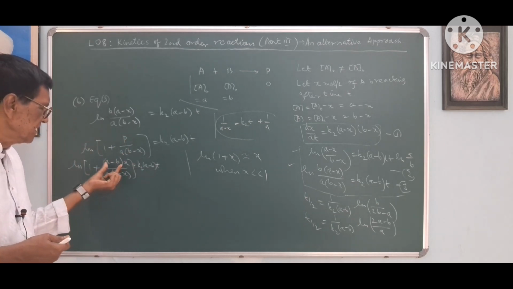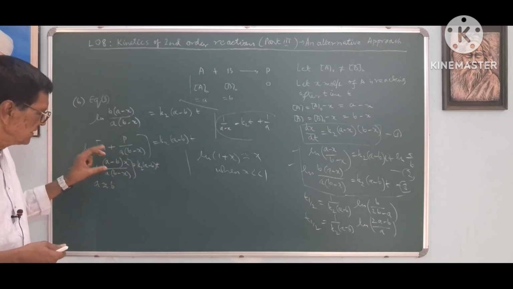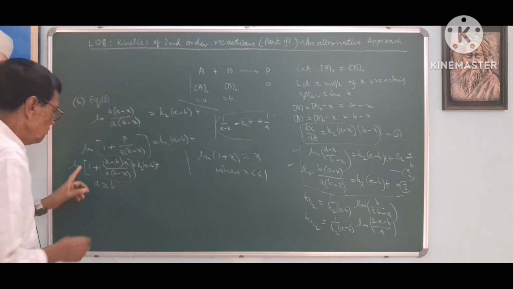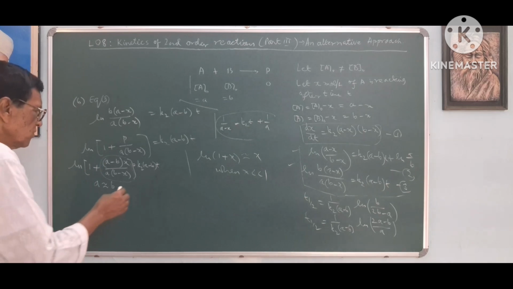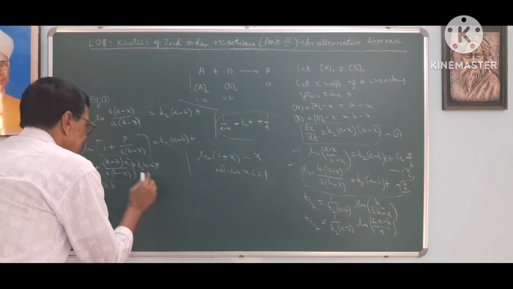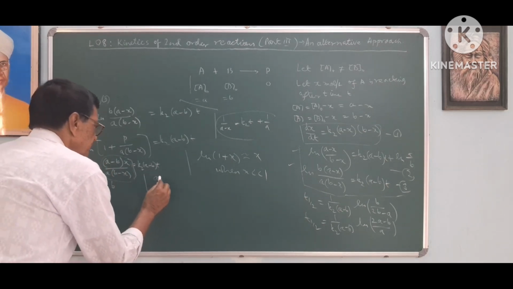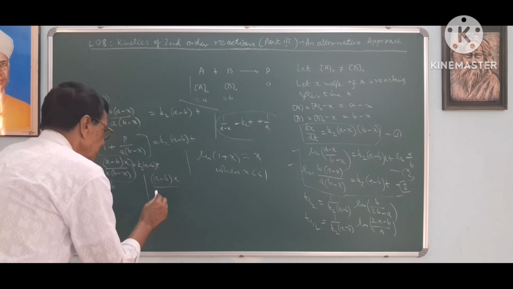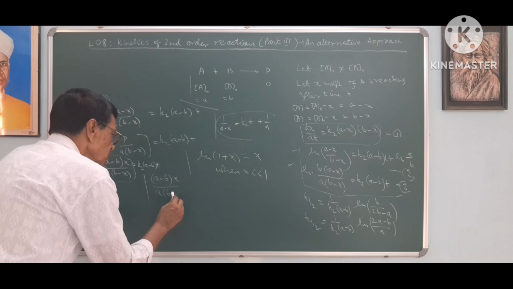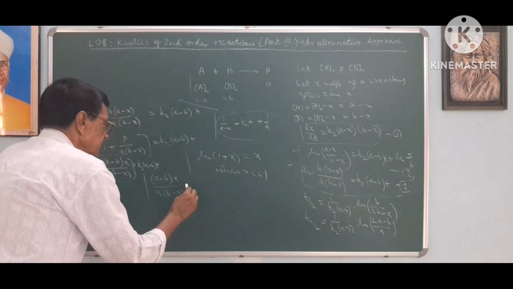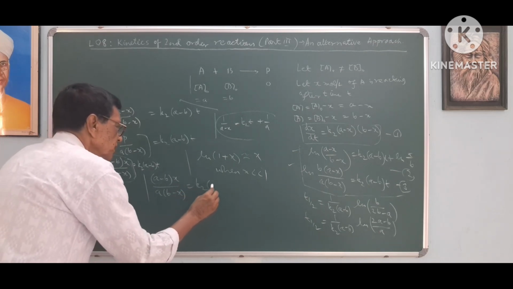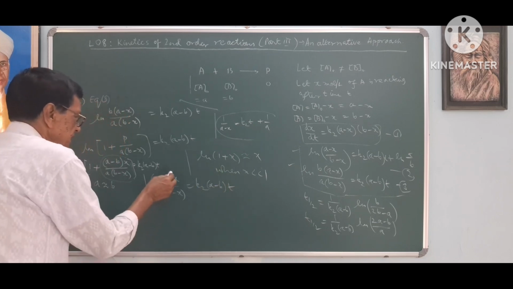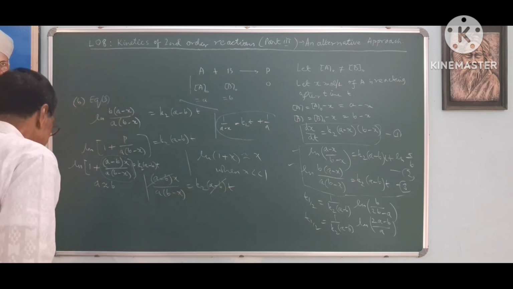When this term is very small, this whole term becomes much less than 1. So we can also write here (A minus B) into X divided by A into (B minus X) equals k2 into (A minus B) into t. So A minus B cancels.